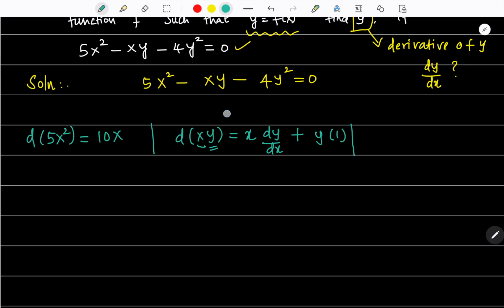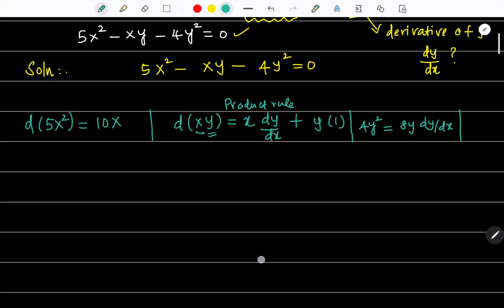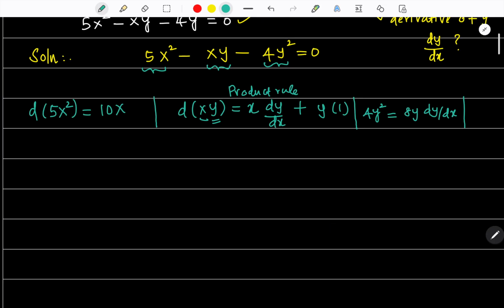So we are using product rule here. Next we have a function 4y square. What's the differentiation of 4y square? 8y. If you stop here, you have done with respect to y. So 8y dy by dx. So I told you the differentiation of 5x square, of xy, and of 4y square. Now let's start the problem.